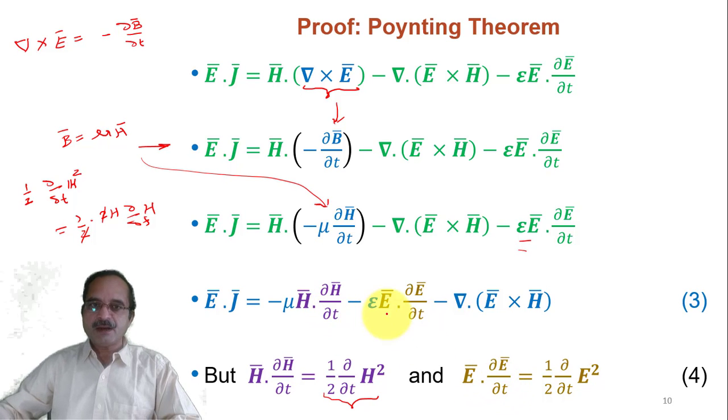In the same manner, E dot dE by dt we substitute as 1 by 2 d dt E square.